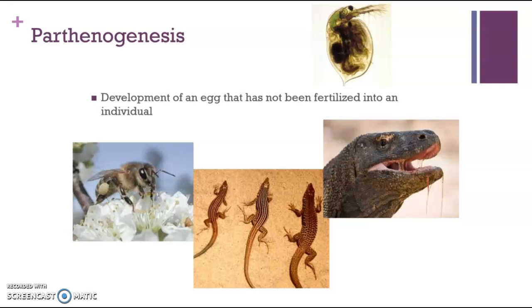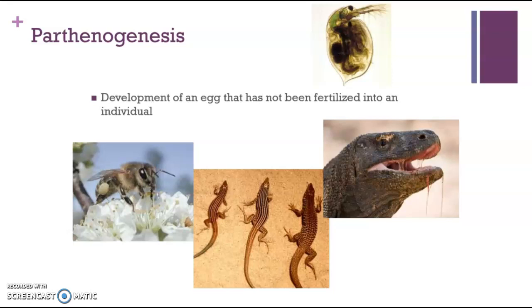So they're not eggs produced through meiosis, they're eggs produced by mitosis. So they have a complete copy of the female's chromosomes, a complete copy of her DNA, and that egg is able to develop into a viable adult female that is a clone of the original female.